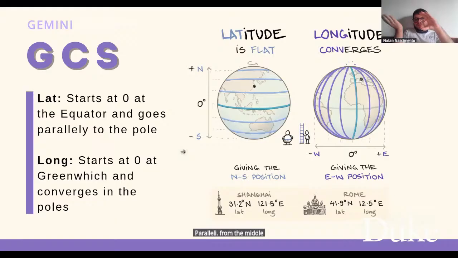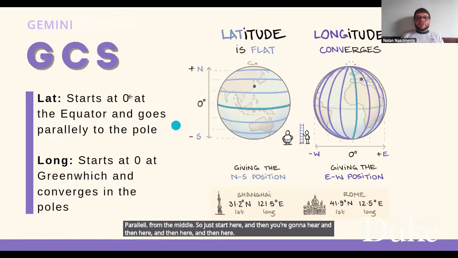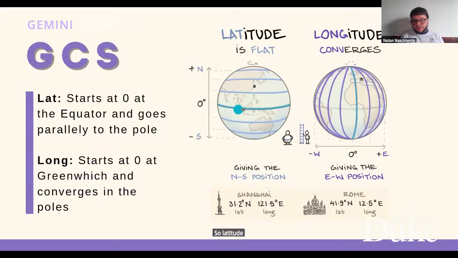So you start here, and then here, and then here. So latitude starts at the equator and goes in parallels up north and down south. So it starts at 0 degrees, and then it goes up 90 degrees to the north, or down 90 degrees to the south.